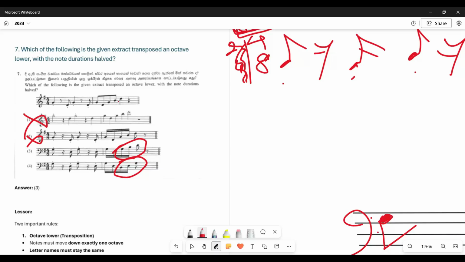Now these notes are going up. These are also going up, but how many steps are there going up? 1, 2, 3, right? 1, 2, 3, 1, 2, 3. So this is probably the answer. Here you can see that this is 1, 2, 3, and this is not 1, 2, 3, it's 4 steps. So this would be the answer.